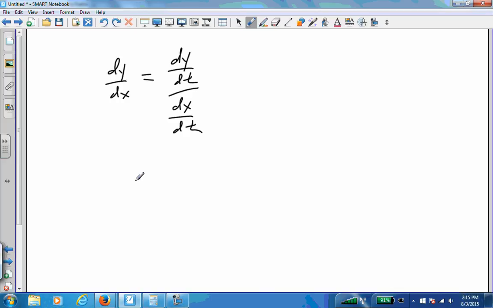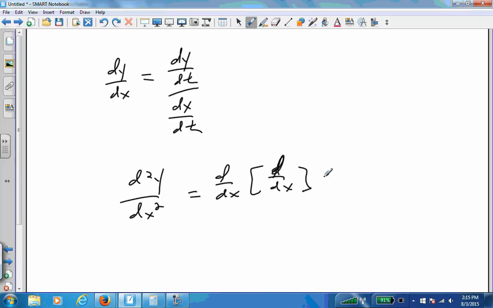If we want our second derivative, that's basically the derivative of our derivative. So that's the derivative of dy dt over dx dt.